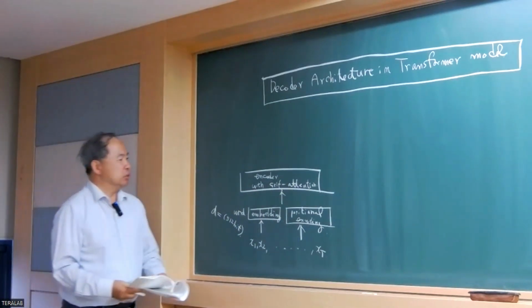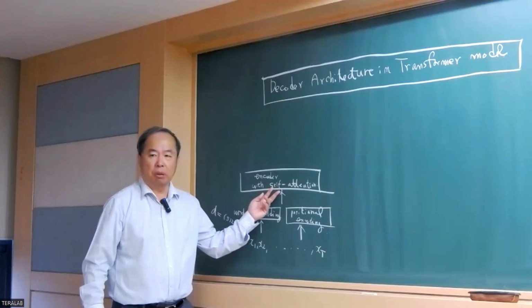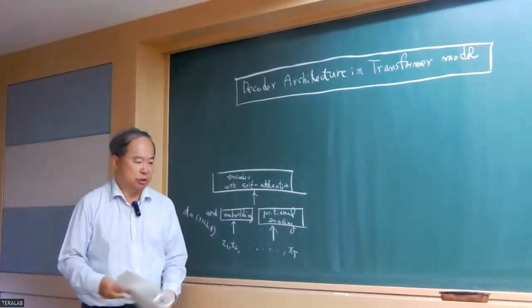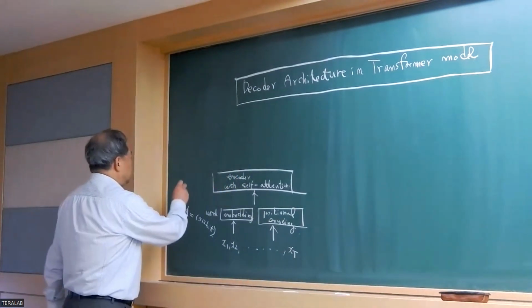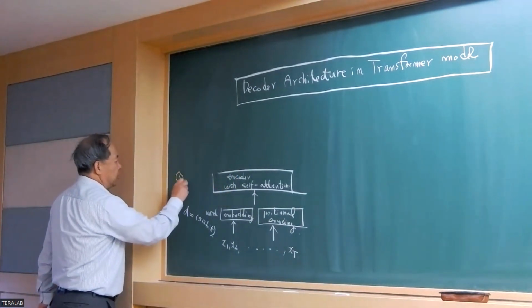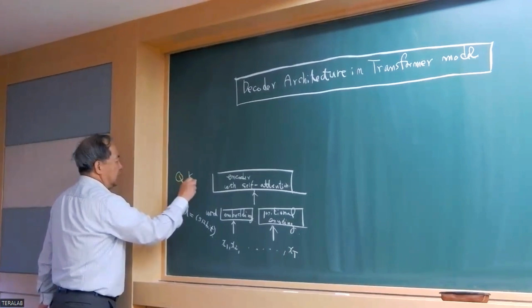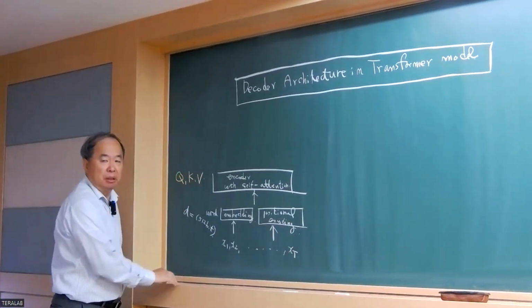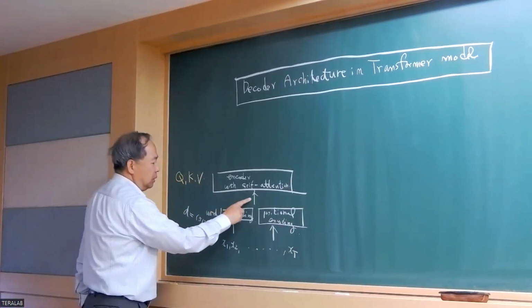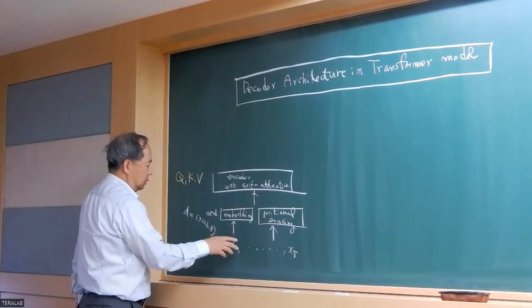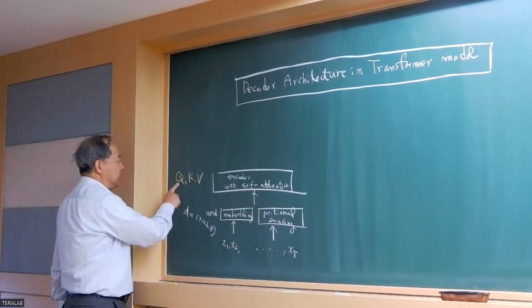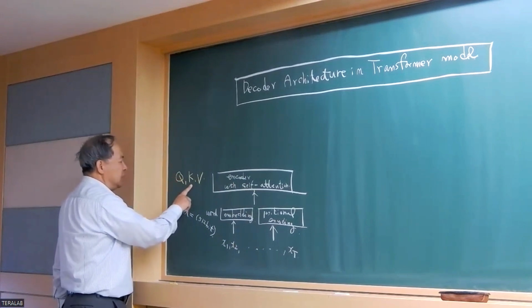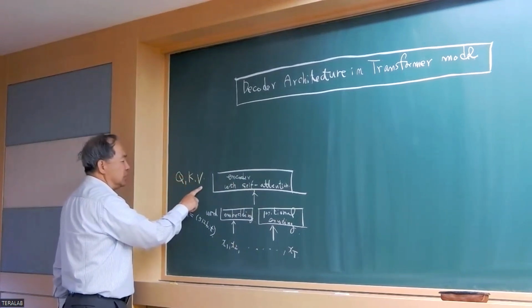In the last two classes, I was talking about self-attention. When you are calculating the attentions, you remember that we defined query, key, and value vectors. This input sequence was multiplied by query matrix, key matrix, and value matrices.